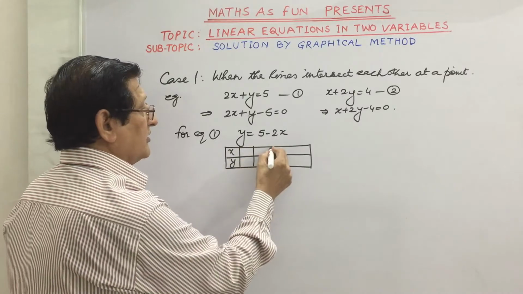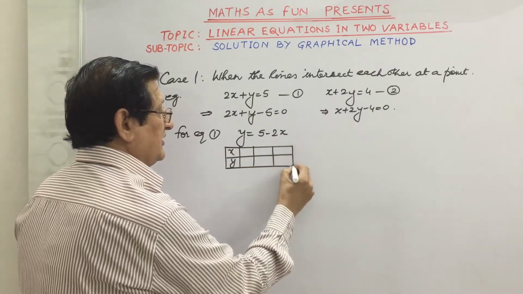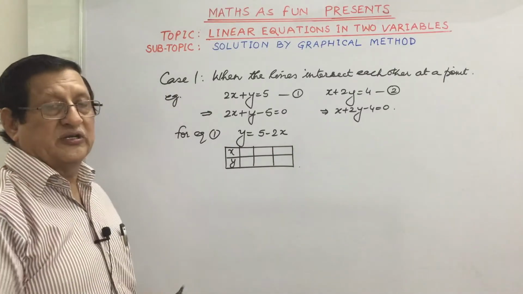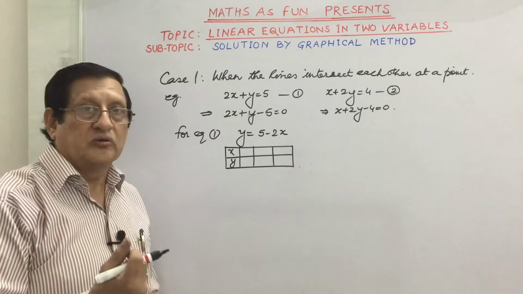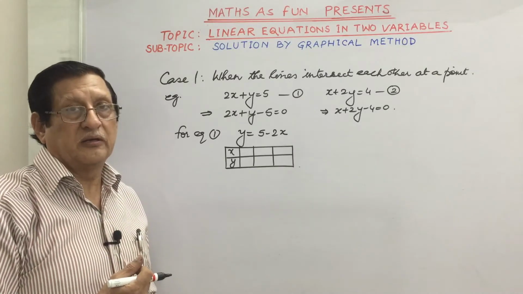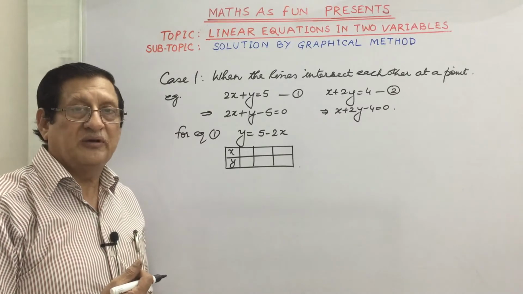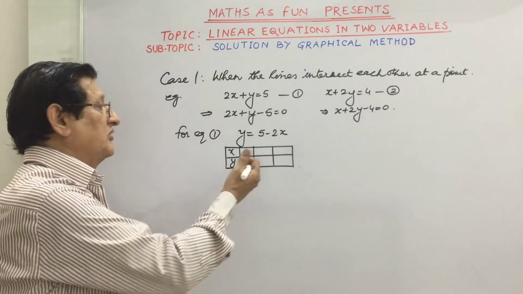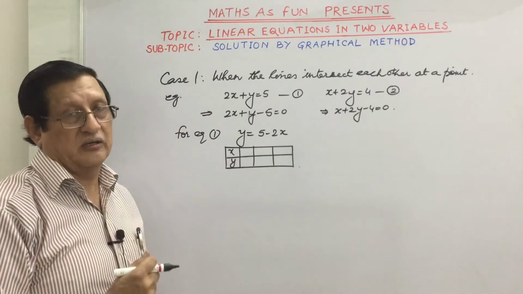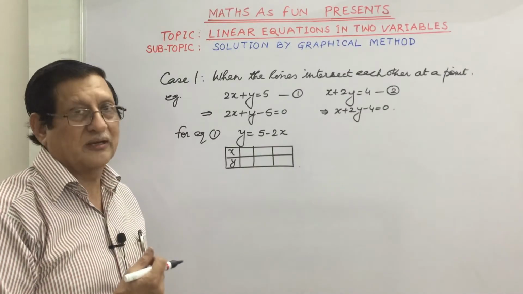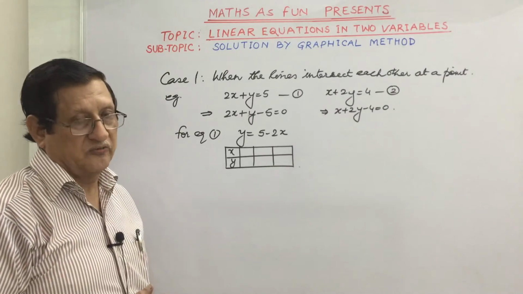We have to take at least 3 points in each case. Why 3 points? Suppose we take 2 points and one of the points is wrong. We know that any 2 points on the plane represent a line; if we join them, it will be a line. The third point we take to confirm whether all 3 points are correct or not. So a mistake can be caught, and that's why we should take a minimum of 3 points for each.